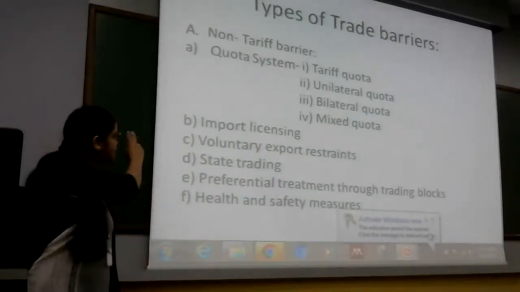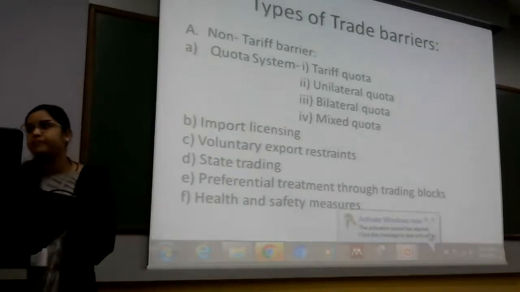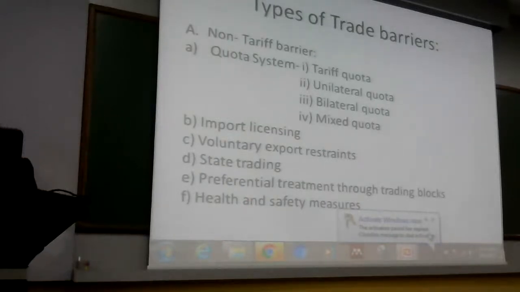Now, you may say, then why not mixed quota? Because sometimes it might be possible that you have to import the maximum amount of raw material from the foreign country. Maybe you do not have that superior quality raw material here. In that case, mixed quota is not going to work.